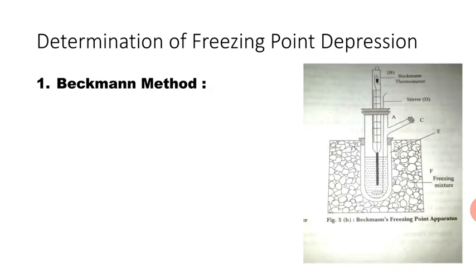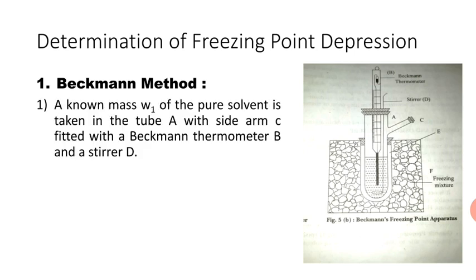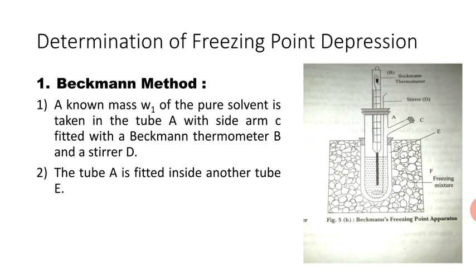See the diagram again. A known mass W1 of a pure solvent is taken in a tube A. So initially in our experiment, we have to take the known mass of pure solvent in A with a side arm C fitted with Beckman thermometer B and stirrer D. As shown in the figure, the arrangement is discussed.